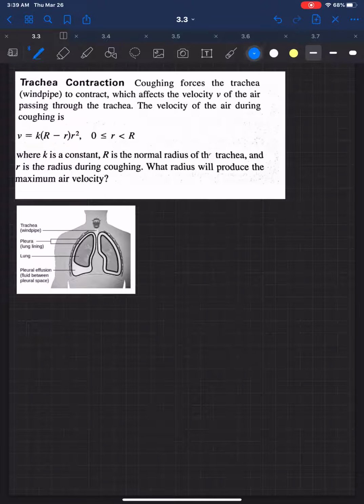In this case, they say the velocity, v, of the air during a cough is modeled as follows. Ready? So we have little v. That doesn't look like a little v, does it? That looks like a big V. Let me try that again. Little v is equal to k multiplied by big R minus little r, multiplied by little r squared.